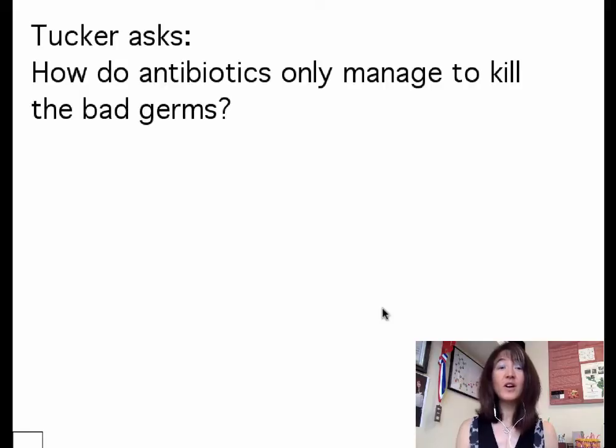So many of your good bacteria are also damaged by this. And so some of you have recognized that one of the major impacts of taking antibiotics, particularly over a period of time, is an increased likelihood to get yeast infections. That makes sense, right? Because yeast are eukaryotes, and so they're not affected by the antibiotics.